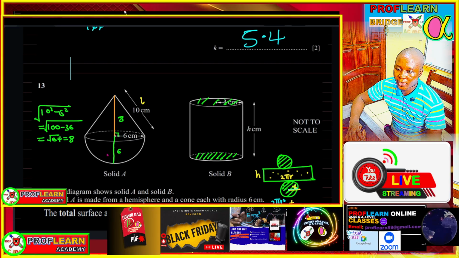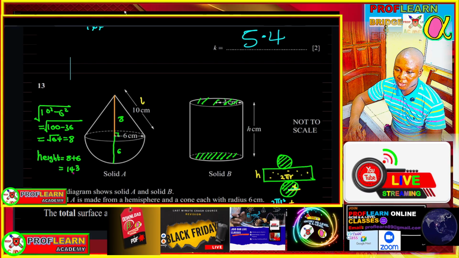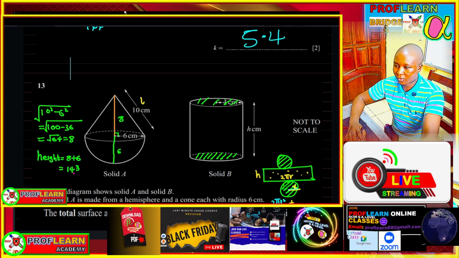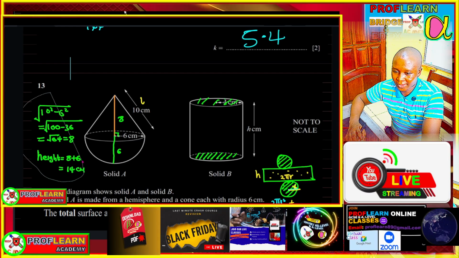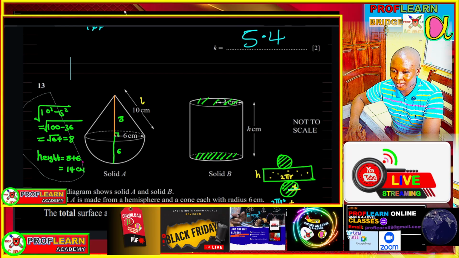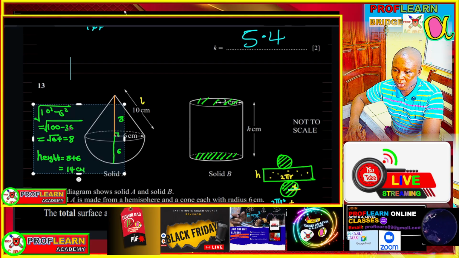So the total height is going to be 8 plus 6, which is 14. Okay, all right. This is what we shall do.